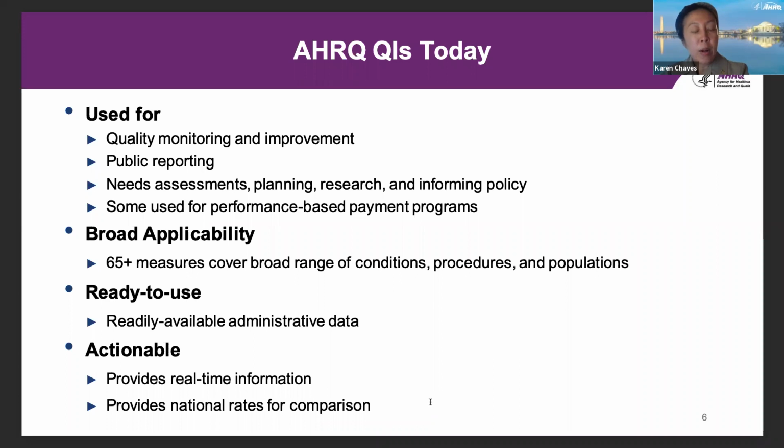Our focus at AHRQ continues to be on the measurement for quality improvement and population health and patient safety monitoring. So we continue to use the HCUP all-payer data with over 60 measures. The QIs have a broad applicability and can be used readily with available administrative data. The QIs are actionable in that they provide real-time information.